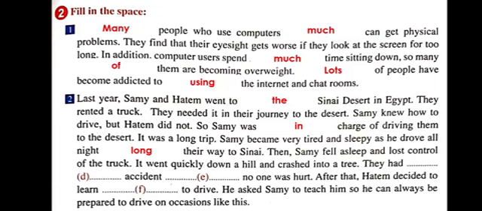Then Sami fell asleep and lost control of the truck. It went quickly down a hill and crashed into a tree. They had an accident, but no one was hurt. After that, Hatim decided to learn how to drive. He asked Sami to teach him so he can always be prepared to drive on occasions like this.